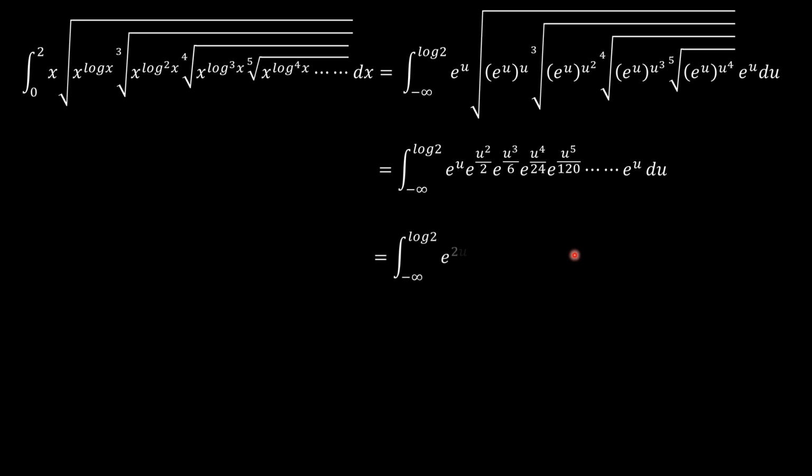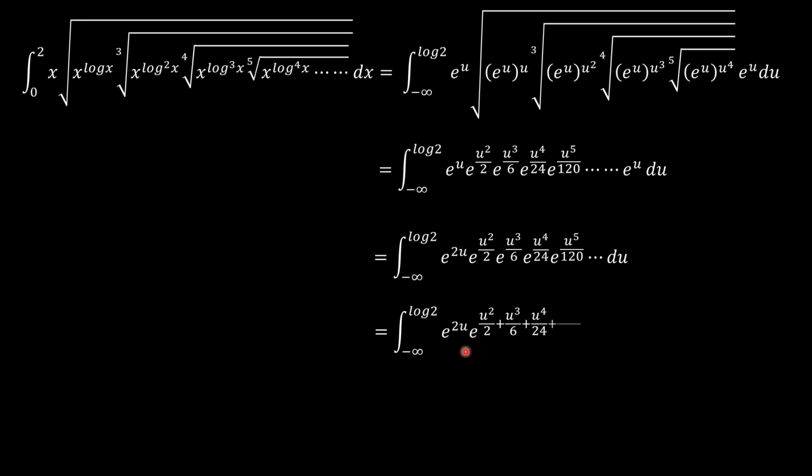So we get e to the power 2u, we brought this u and multiplied it to this e to the power u, and so u squared e to the power u squared over 2, e to the power u cubed over 6, e to the power u to the power 4 over 24.